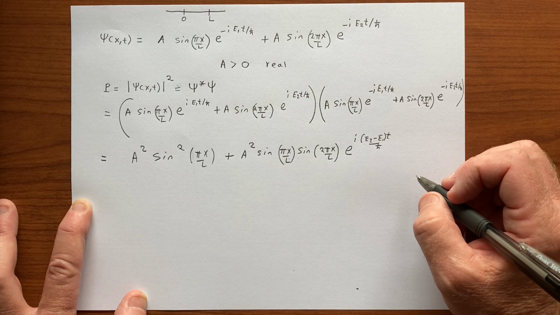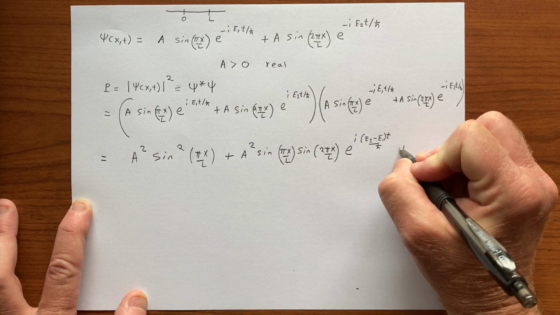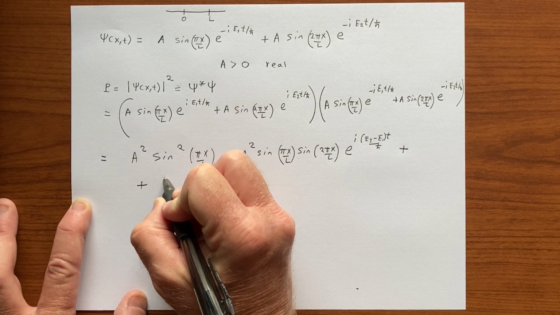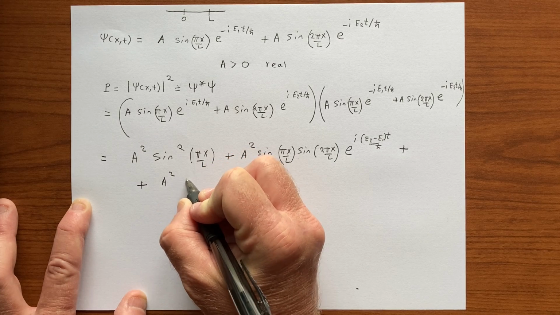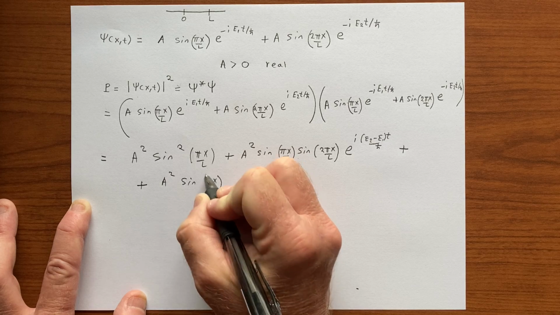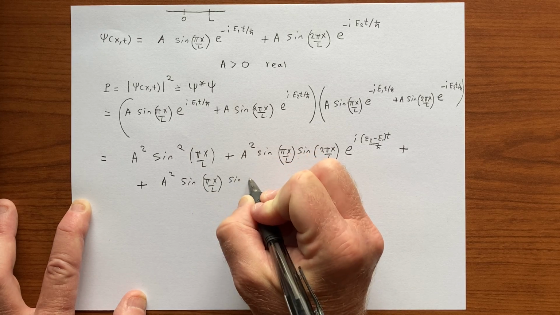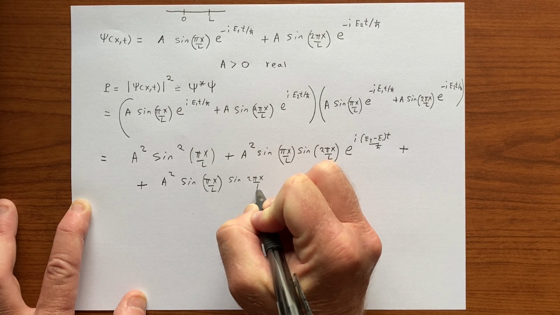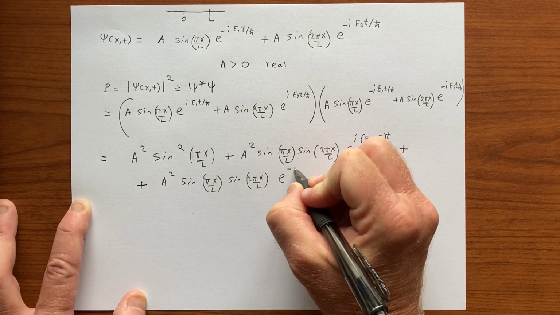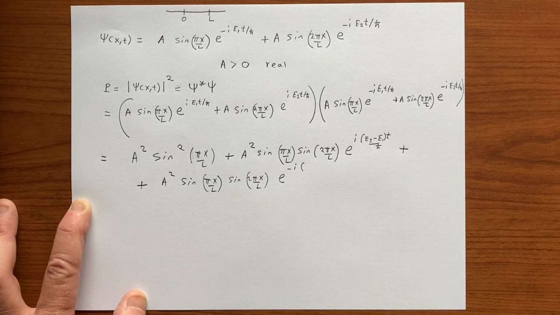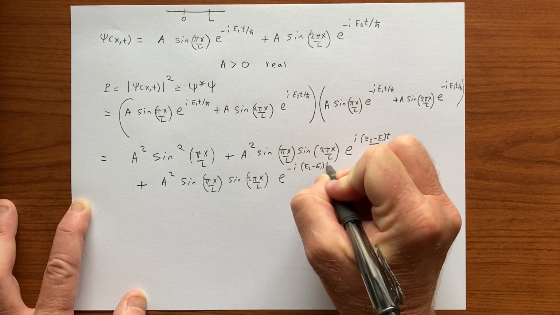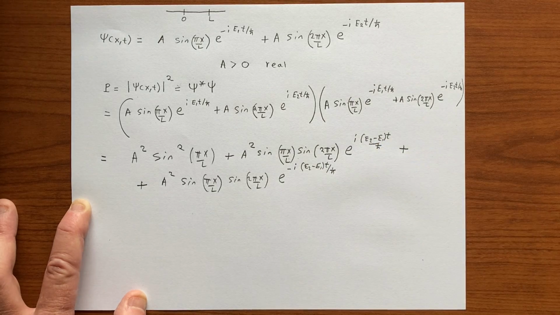And then we have the other cross term, which gives us plus e to the minus i, same difference, (E2 minus E1) t over h bar.